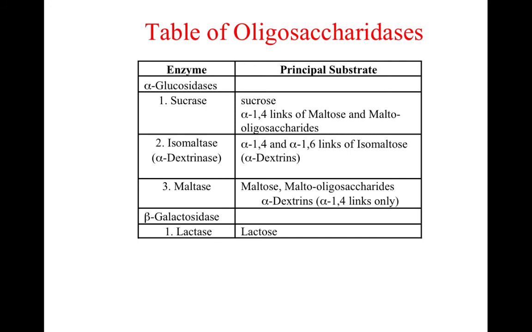So it cleaves that one, but it also cleaves alpha 1 to 4 links of maltose. So it can also cleave maltose. Okay, so interesting. The reason they call it sucrase is because it's the only one that cleaves sucrose. Second one is isomaltase. And this one you want to put a star by, because this is the only one of these enzymes that can do alpha 1 to 4 and alpha 1 to 6.